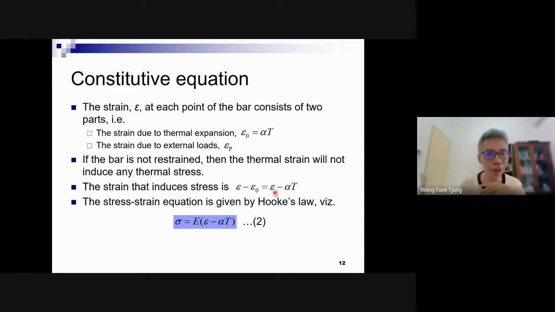In other words, we can modify Hooke's law. What is Hooke's law? Hooke's law gives the relation between the deformation we measure in terms of strain and stress, but here including the temperature effect. So it's a simple modification, right? Initially, without temperature effect, it is just like this. This is Hooke's law.